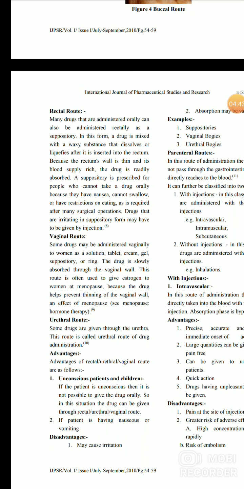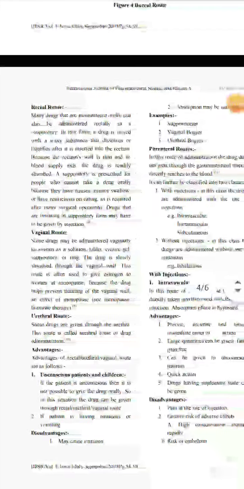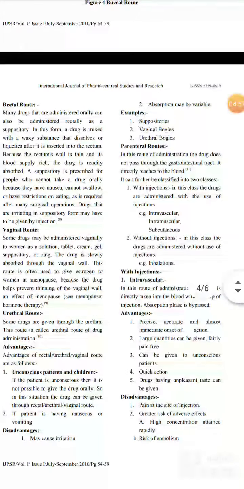In the urethral route, the drug is given into the urethra. It is generally suited for unconscious patients and children, or if the person tends to develop nausea or vomiting. The disadvantages are that it causes irritation and absorption may be variable. Examples are suppositories, vaginal bougies, and urethral bougies.